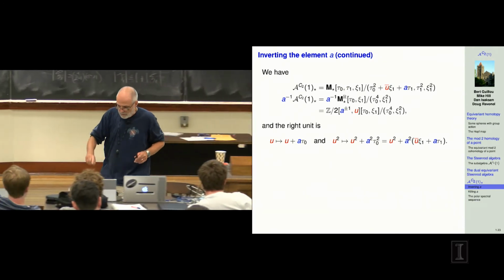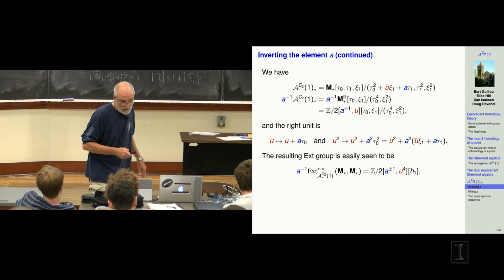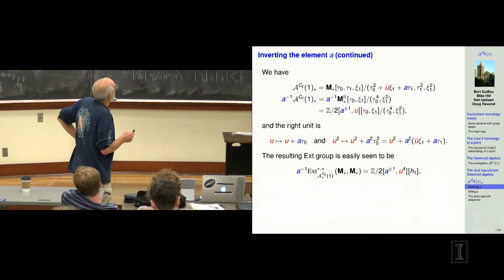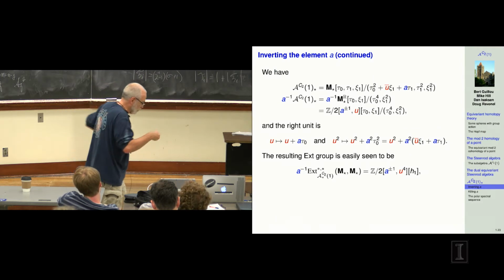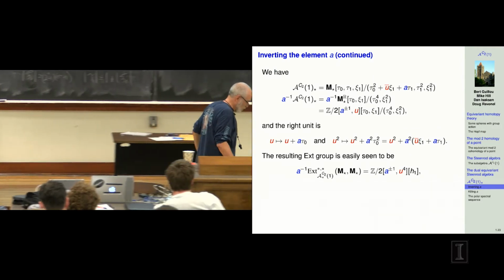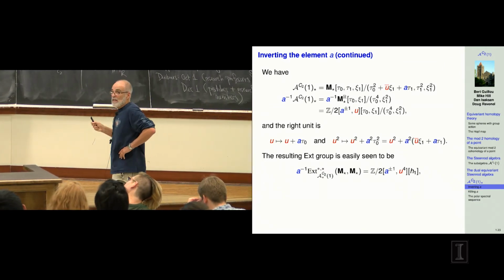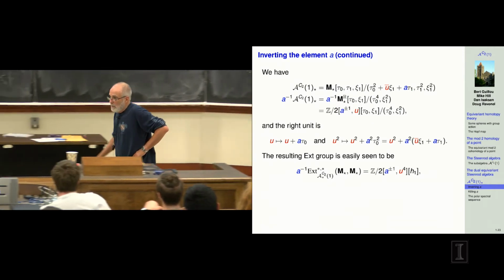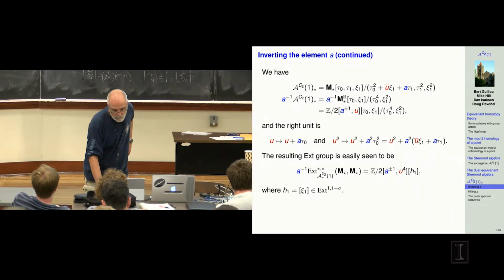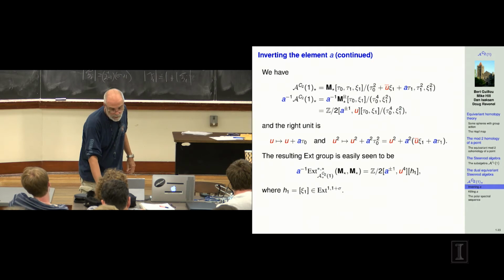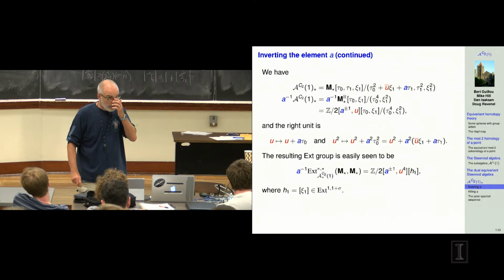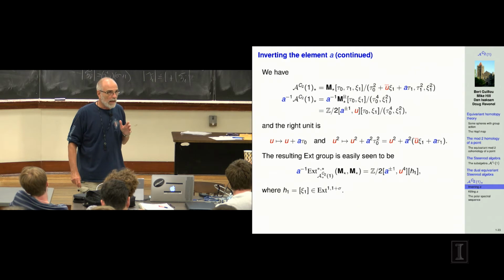I don't have time to go into the details, but I'll tell you what the answer is. This is the answer. So you end up with the fourth power of u showing up in the Ext group, and also you have a polynomial algebra on h1. h1 is this guy, and in the classical Adams spectral sequence, h1 is the element that detects the Hopf map in the homotopy groups of spheres.